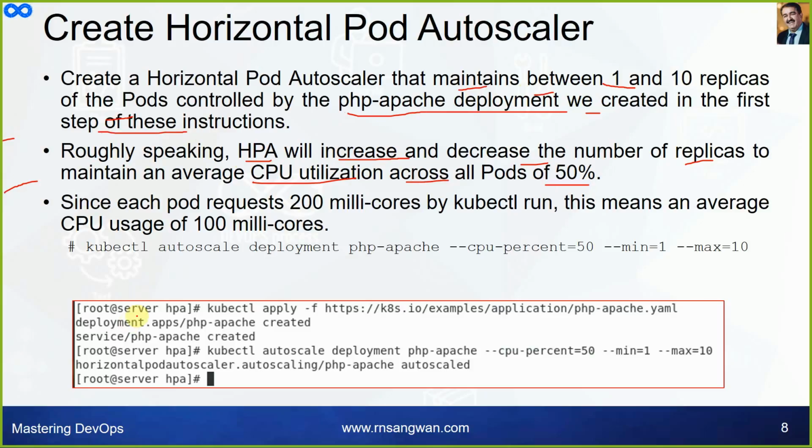Since each pod requests 200 millicores by kubectl run, this means an average CPU usage of 100 millicores. This is what we create now: kubectl autoscale deployment php-apache --cpu-percent=50 --min=1 --max=10. Minimum number of replicas 1, maximum 10. We apply it, and your autoscaler is created.